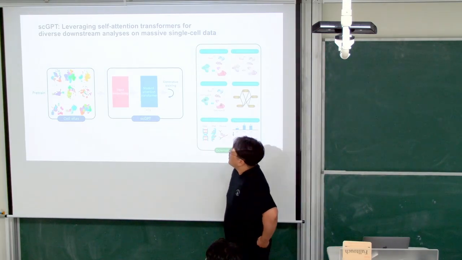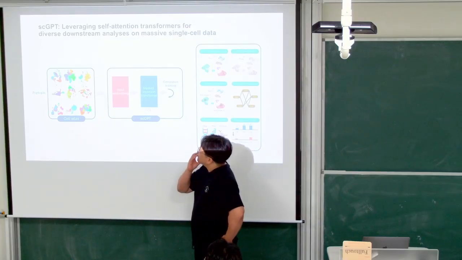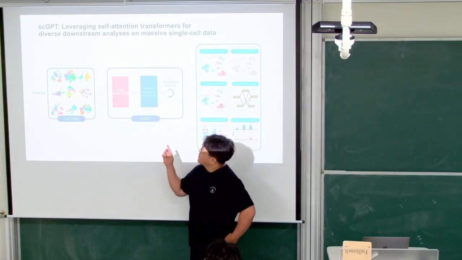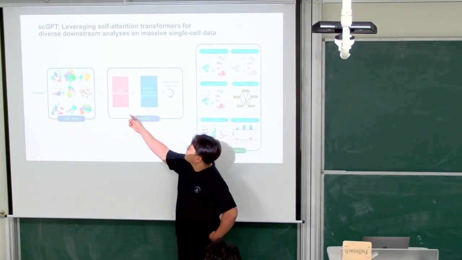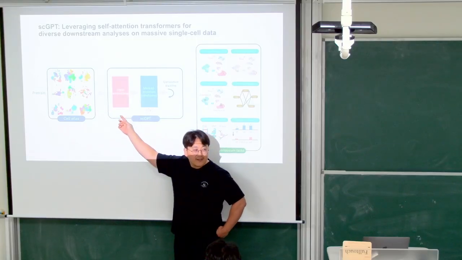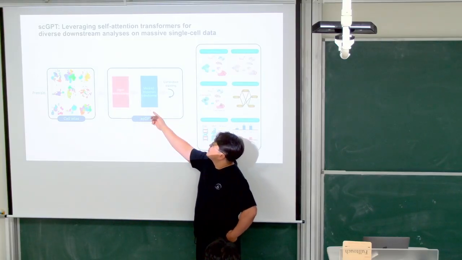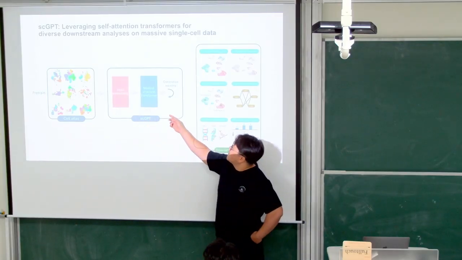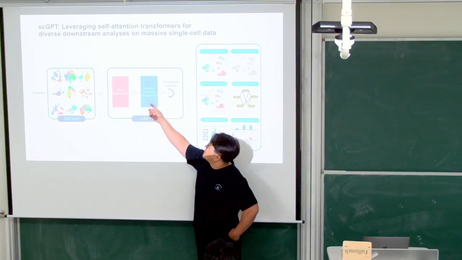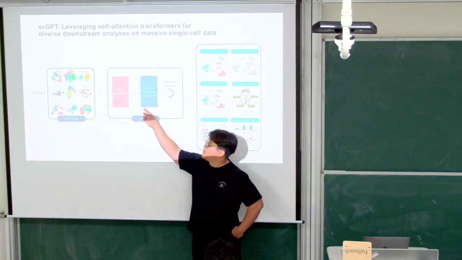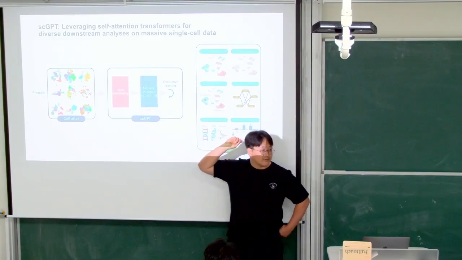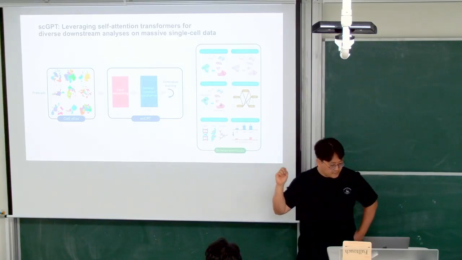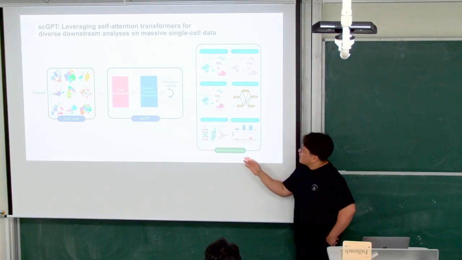The structure of scGPT is quite simple. We have an input embedding structure, and then multiple masked attention transformers. We will study the structure of self-attention, because this transformer is based on the self-attention algorithm.